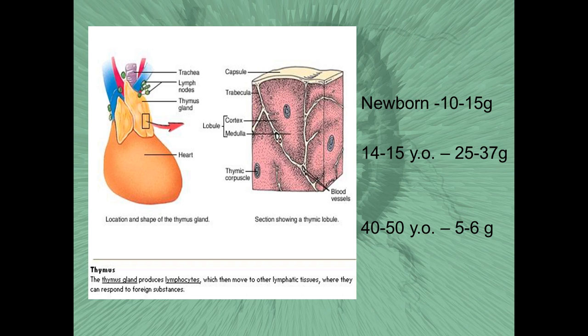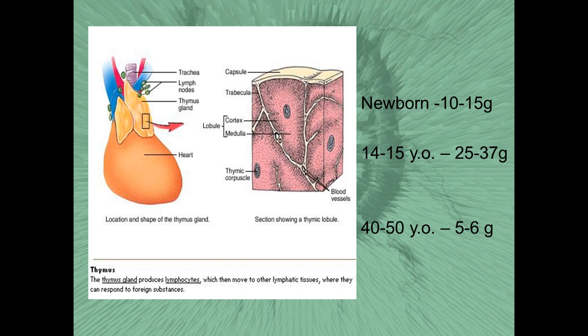Then it reaches 25 to 37 grams at the age of 14 to 15 years old. So you see it increases approximately 2 times, because the period from the newborn to puberty is the period of most active formation of immunity.